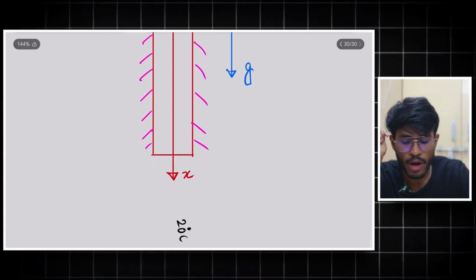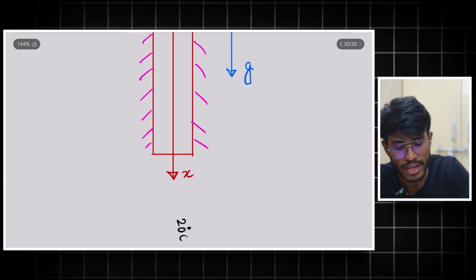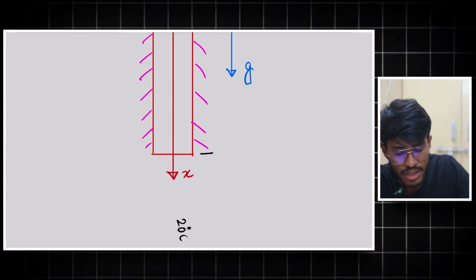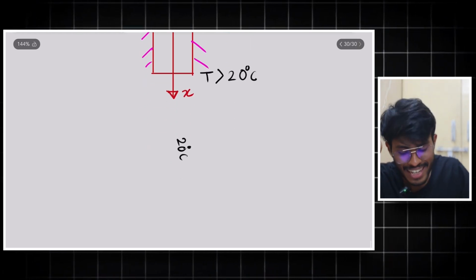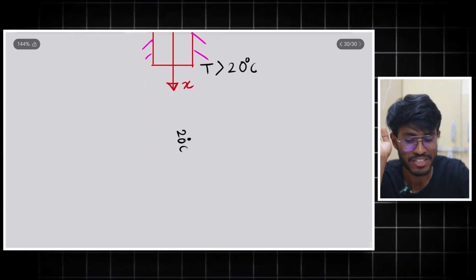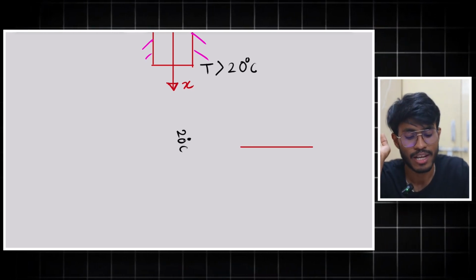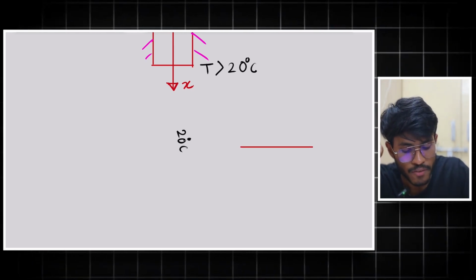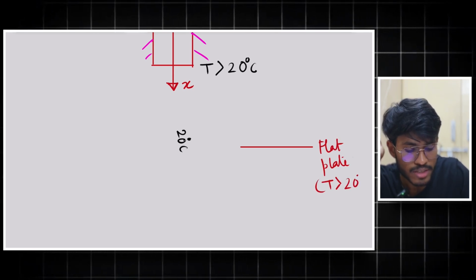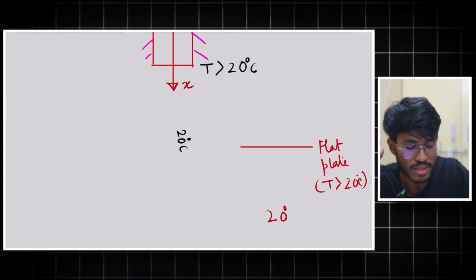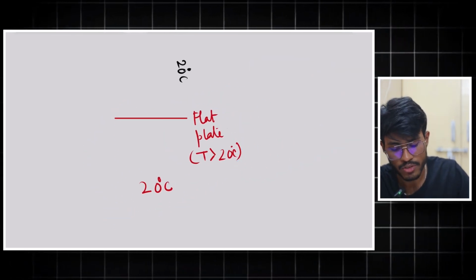So, now you have to understand that here obviously the bar will have again a temperature that is greater than 20 degrees Celsius. Now, this is a case of natural convection for a horizontal flat plate. So, this is a flat plate having temperature greater than 20 degrees Celsius and the ambient is at 20 degrees Celsius.